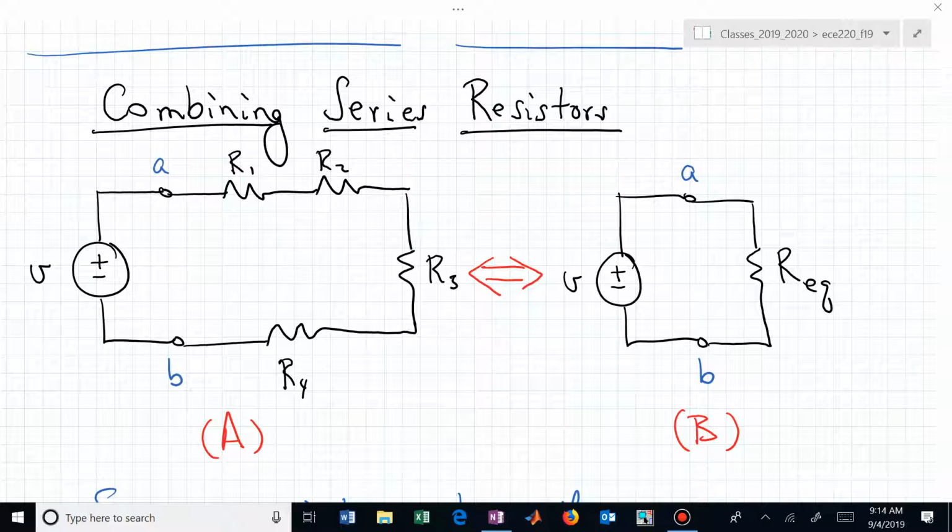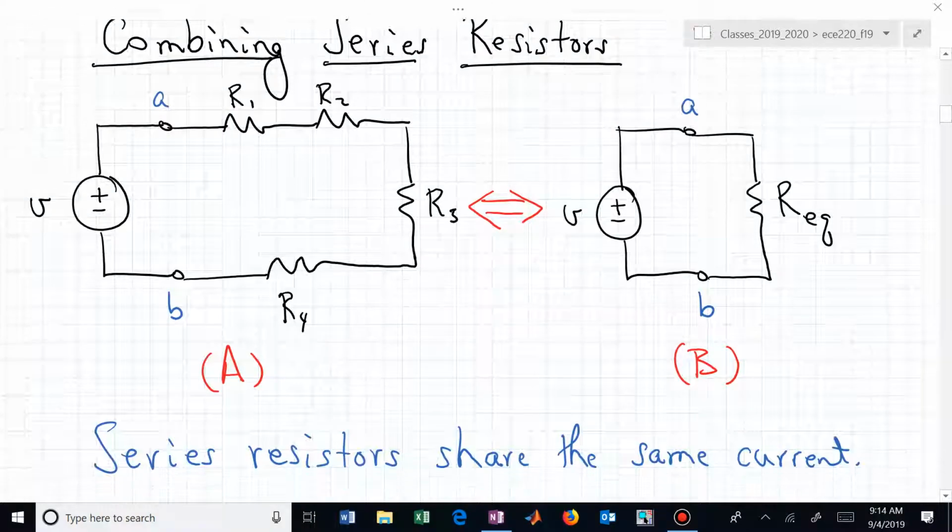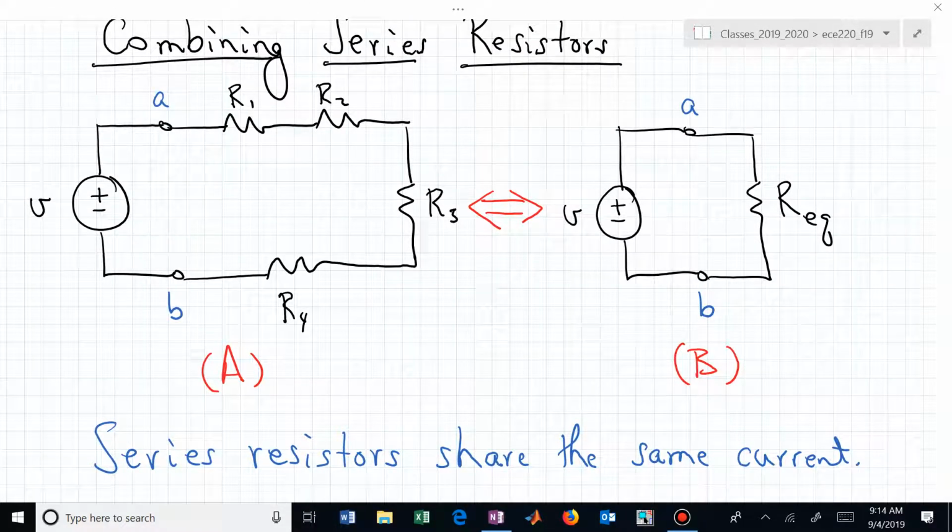We can derive that result using the techniques we've already learned. One is these are both series circuits, so the series resistors share the same current.